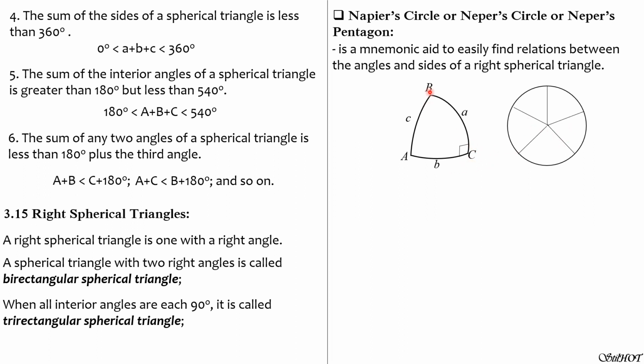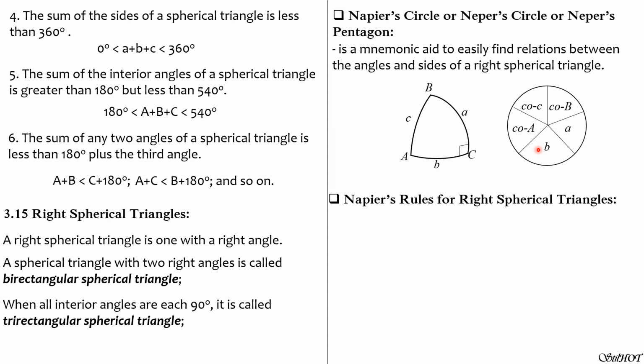Then all elements B, C, and A opposite to the right angle element would be replaced by their complements. So complement of angle B, complement of side C, and complement of angle A. Then we apply these Napier's rules for right spherical triangle.